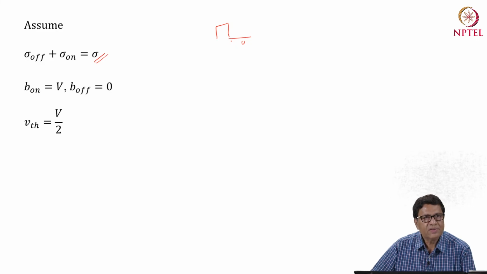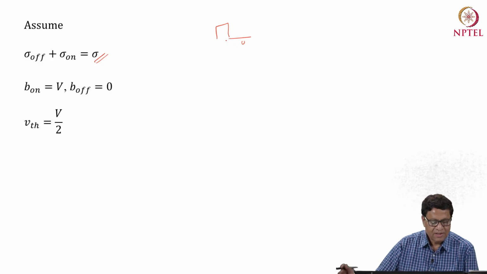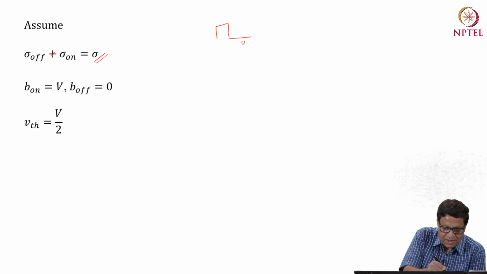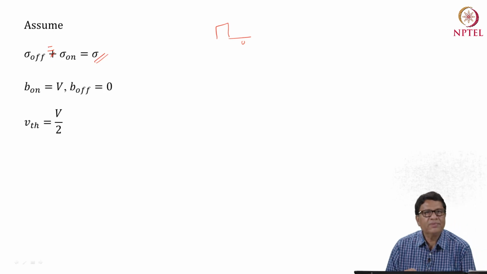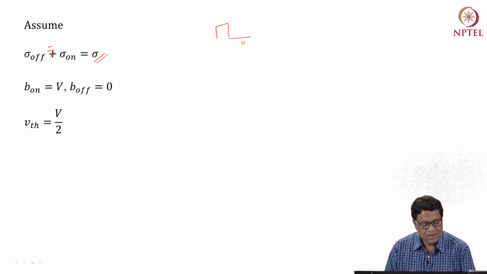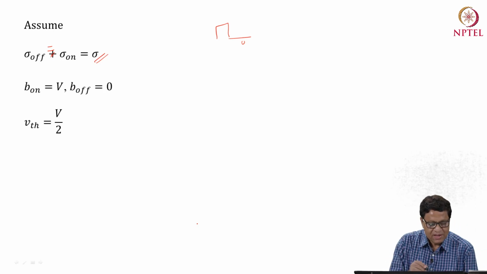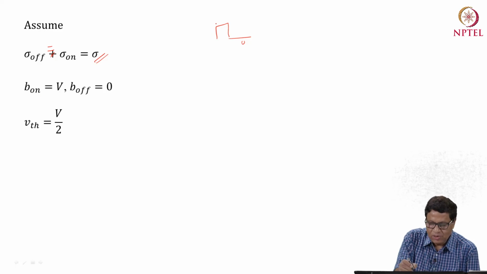Then VTH will be in the middle because there are similar curves. So the variance for off and the variance for on are equal to sigma, and B on is voltage V and B off is 0 here.